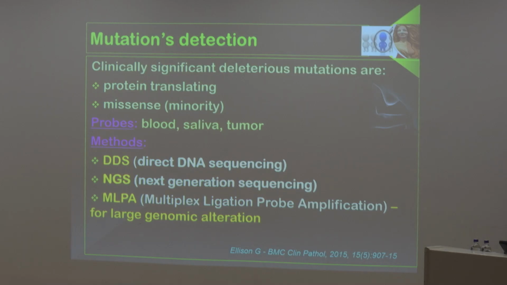The mutation detection may be obtained from blood and saliva. Forget tumor, we are speaking about healthy patients, and it's very difficult to obtain some tumoral tissue from them. The methods are direct or next generation sequencing or multiplex amplification.